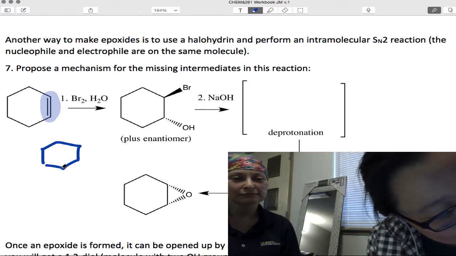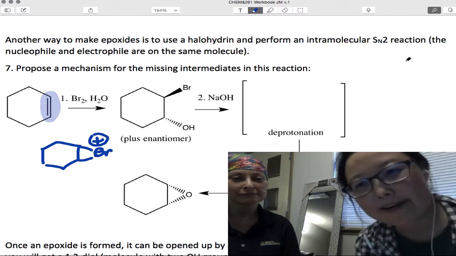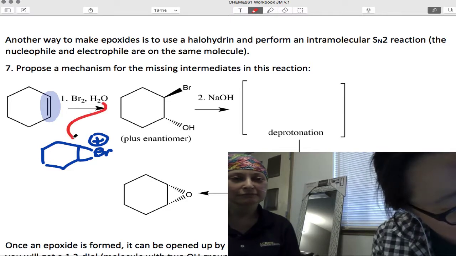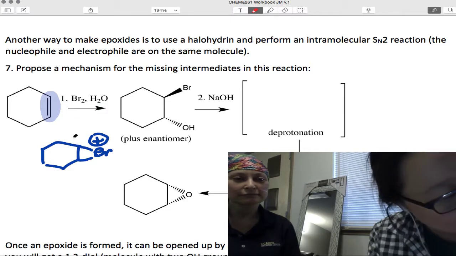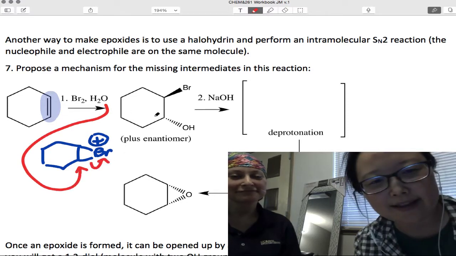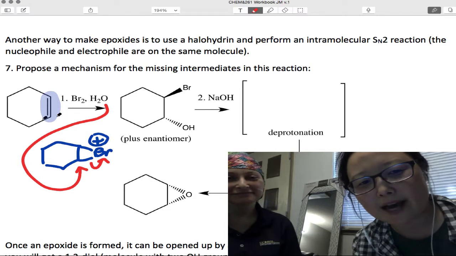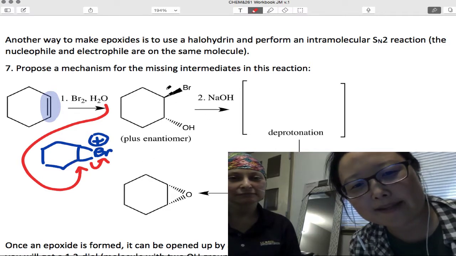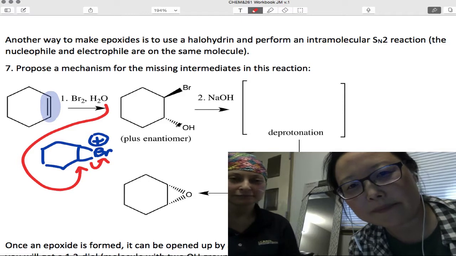The bromonium ion is formed, and then you have water attacking it. In this case it's asymmetric, so it can attack either one of these. I'll just show it here since we have this version right there. And remember, that's opposite side attack, like SN2, so that's why these are opposite side from each other.